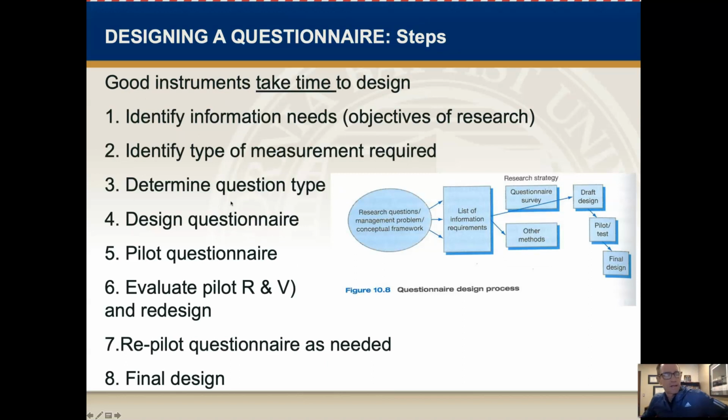You're looking at an overview of the questionnaire design process. Most of you, I will say over and over again, should choose to use someone else's questionnaire. As you're reading articles for your literature review and writing up your introduction, you will notice surveys that have been used in previous studies.